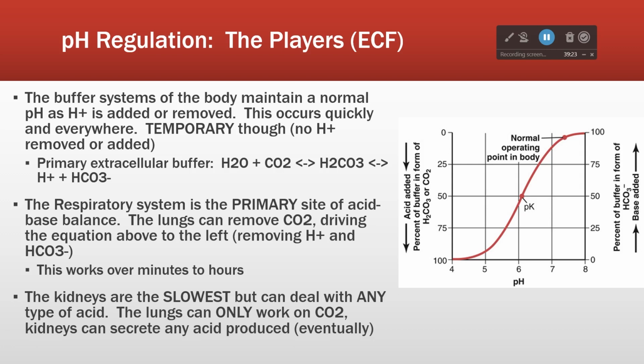What we see over here is the pK curve, the buffer curve of carbonic acid or CO2 versus bicarb versus pH. Here is the amount of CO2, and it's inverted. So high CO2, low pH; there's a relationship that will always be true.